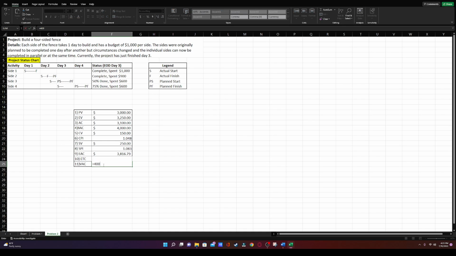So that'll be our $4,000 minus the $3,816.79, and we're going to say that we're actually going to be $183.21 lower. So if this is positive for our VAC, it's indicating we're going to be under budget when we complete the project, and we're planning on being under budget by $183.21.